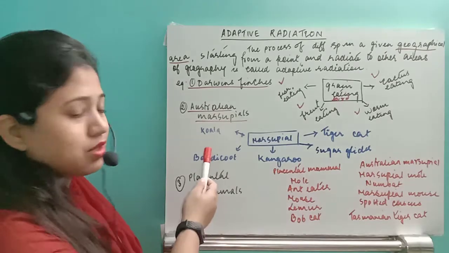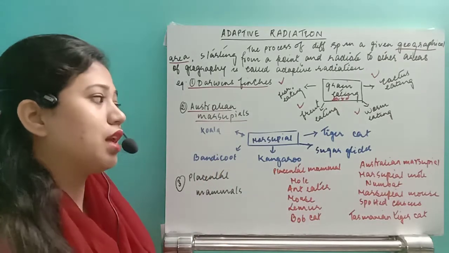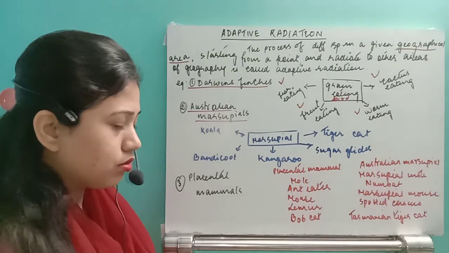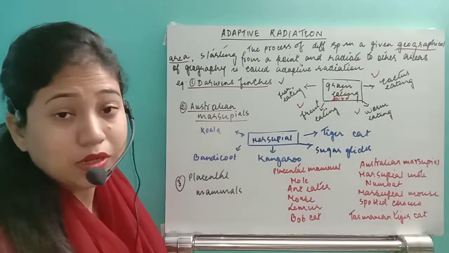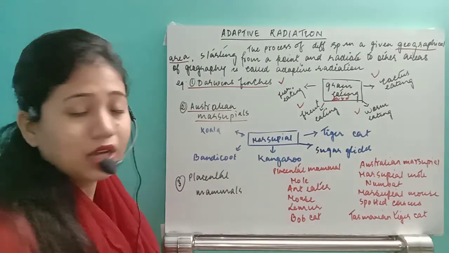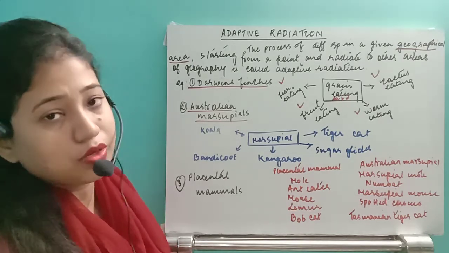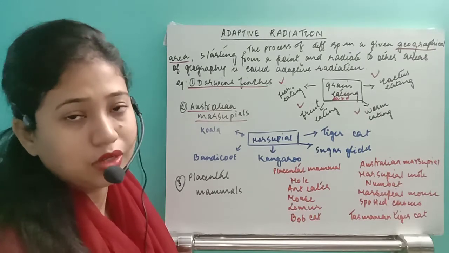Some of them are koala, bandicoot, kangaroo, tiger cat, wolf, numbat, marsupial mouse, spotted cuscus, Tasmanian tiger cat, and sugar glider. They are all different varieties of marsupials arising from a primitive marsupial in Australia.